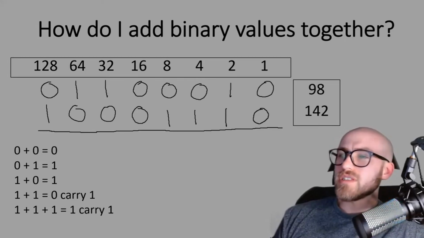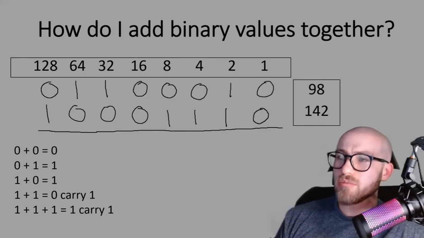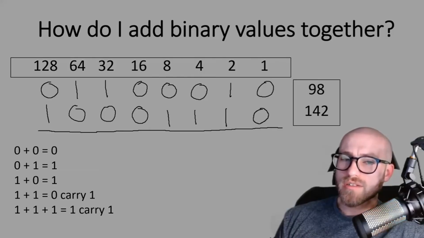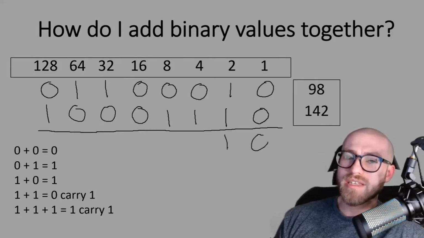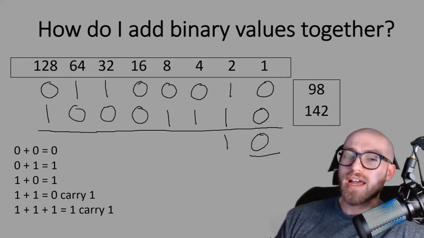Now the problem comes in when we've got an answer of 2, and that's because you can't write the number 2 in binary. So if I was to look at this point here, we've got a 1 add a 1. Now that's not going to work for us. Because if I was going to write a 2 in binary, we would need to write it as 1, 0 like this. This is why I've written down there that it's 0, carry 1, because we've got the 0 here, and we're going to carry this 1.